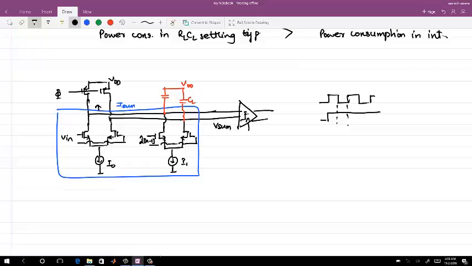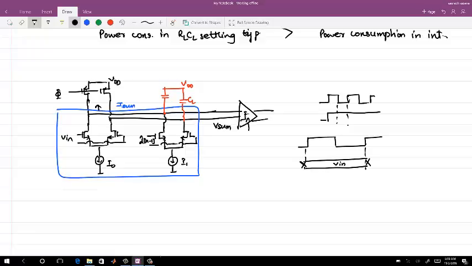So let me just try it back. You have a clock, right? When the clock is high, at that time you are integrating. So let me give the data here. Let's say this is V in.